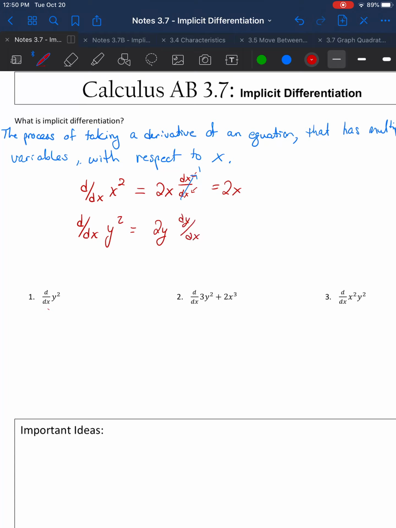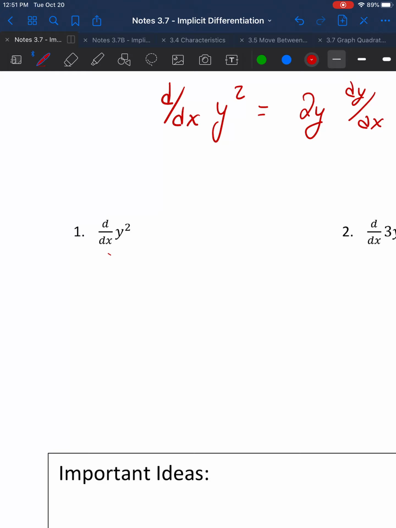Now, this changes the game when I do the derivative with respect to x of, say, y squared. I'm just going to take the derivative as if it were normal. The derivative of y squared would be 2y. But then I have to make the comment that I took the derivative of y, but I did it with respect to x.